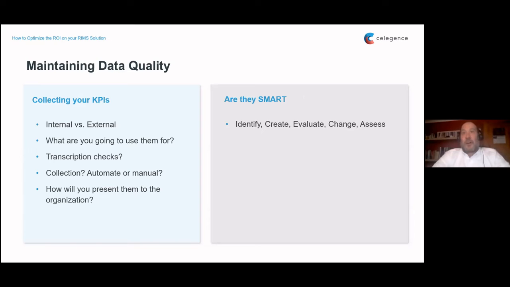Generally speaking, I find that senior members of organizations prefer nice dashboards rather than just lists of Excel reports. So really think about why you're collecting them, make sure they stay current within the organization, and annually assess them to make sure they're delivering what you need.